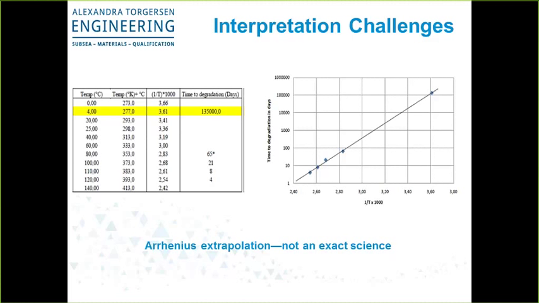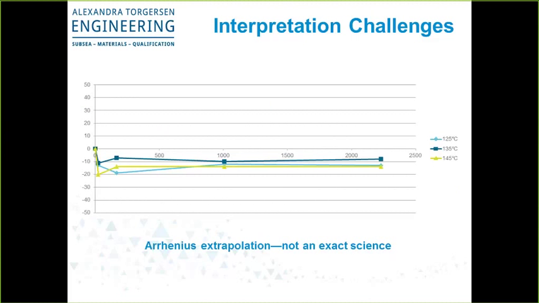So you would have a different line through the data points, and that would significantly shift your 4 degree C data point, and thus maybe take decades or centuries on or off as far as the time to degradation. So this is absolutely not an exact science, and I think that's something that's really important for everyone to truly understand. So next slide, please.